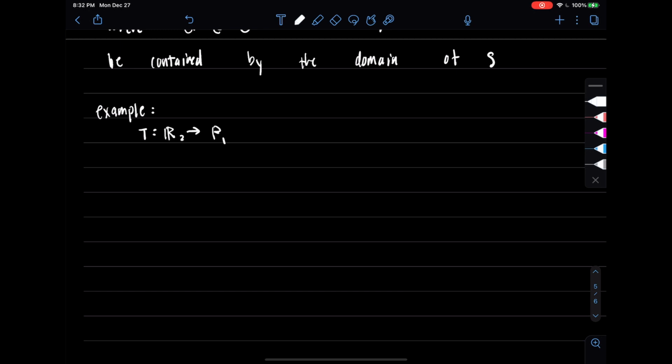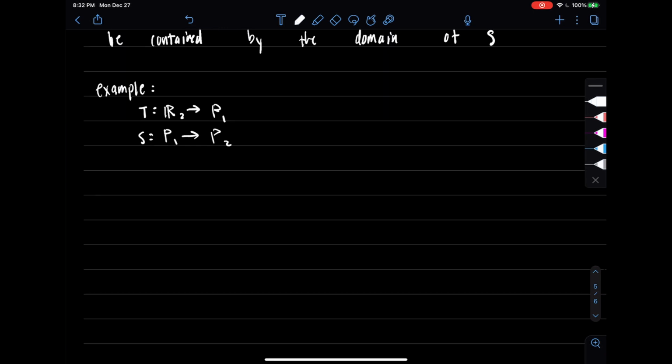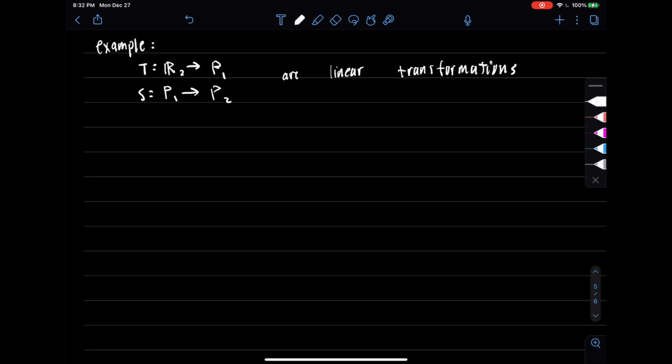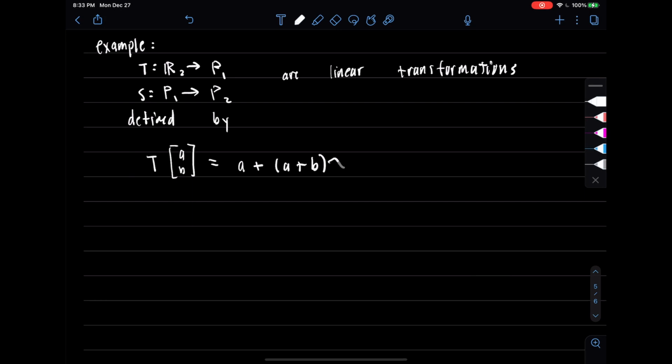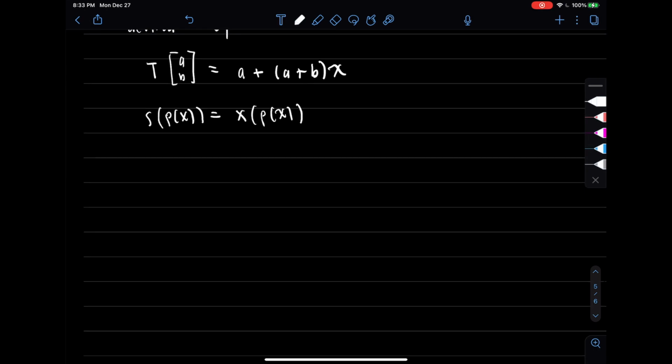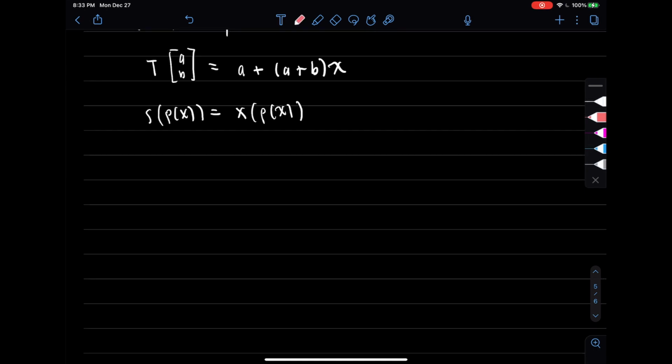So we let T that ranges from R2 to P1 and S that goes from P1 to P2 both be linear transformations defined by T(a, b) equals a plus bx and S(p(x)) equals x times p(x). So what we want to do here is find S(T(3, -2)).